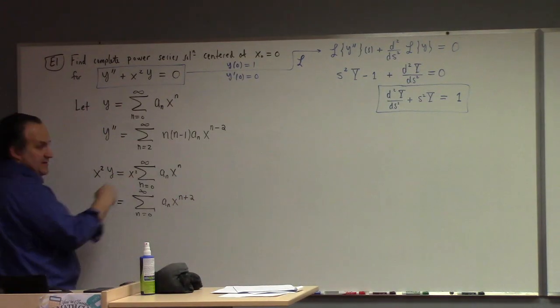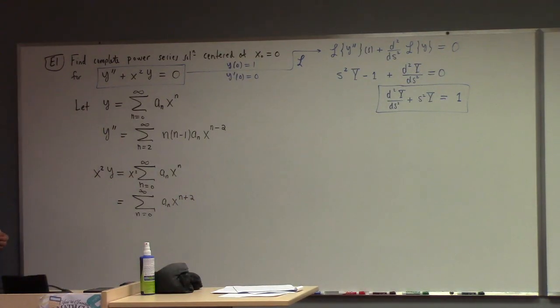When we multiply x squared in, x squared times x to the n gives us x to the n plus 2. So what I want to do is plug these into my given differential equation and equate coefficients. I want to be able to add these sums together, so I have to make them of the same format.